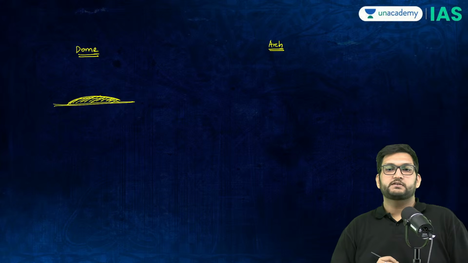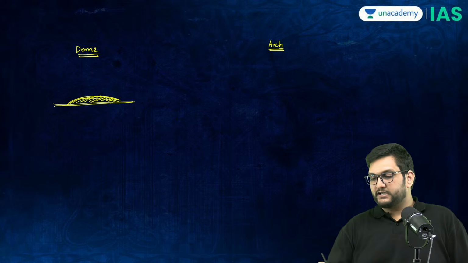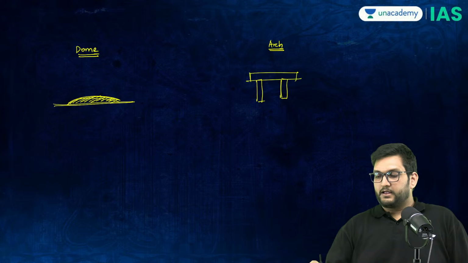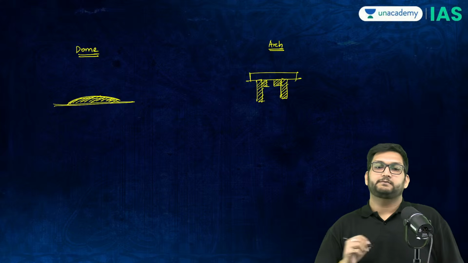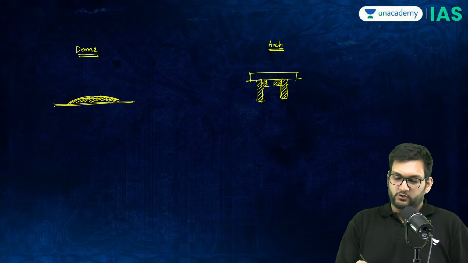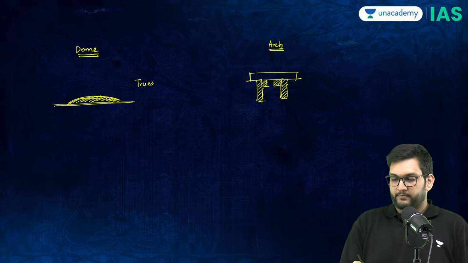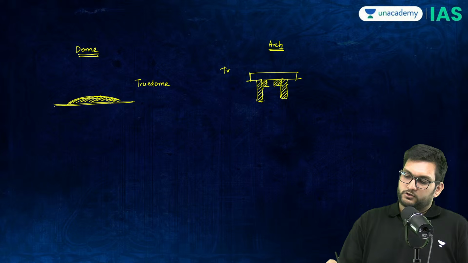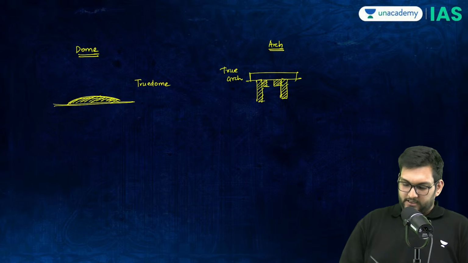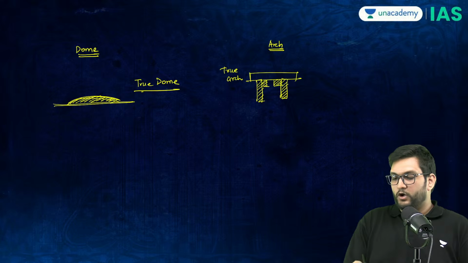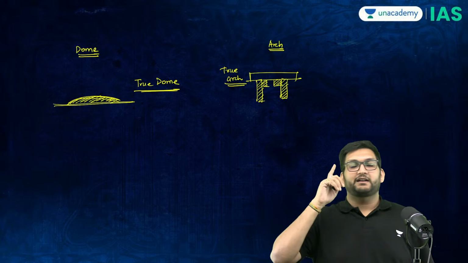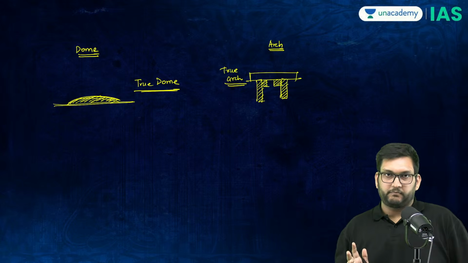And if you will see an arch, it would actually be a trabeated structure like this, and they will then stick two stones here to make it into a certain arch. This is not a true arch. This is not a true dome. They are similar to it, but they are not true arch, true dome. True means with the right scientific understanding.